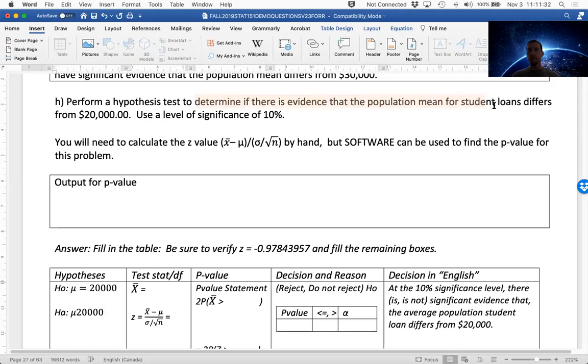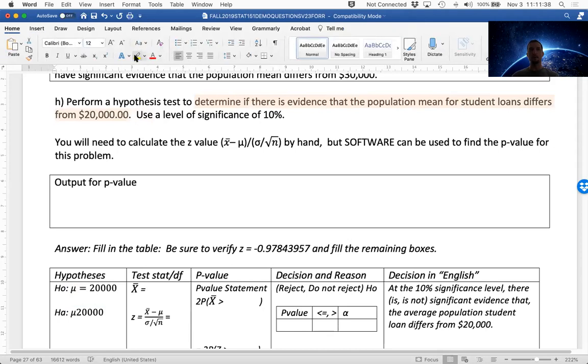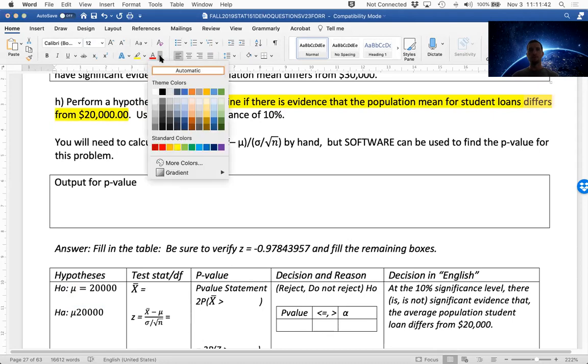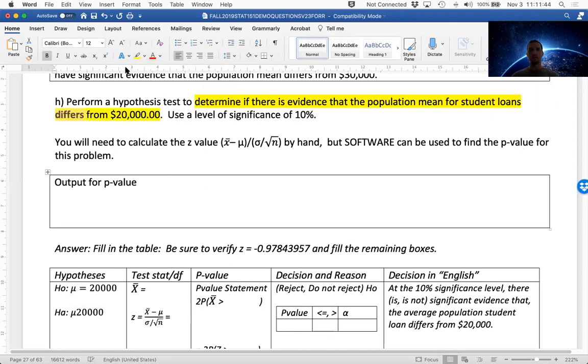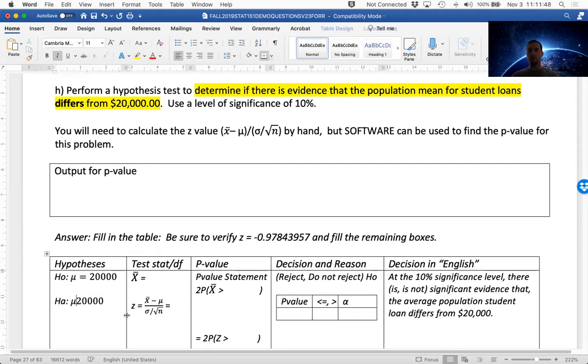The reason that we have not equal to is because in question H, the language says determine if there is evidence that the mean student loan differs from 20,000. If we highlight this passage and boldface this word differs, this is the language that we need to look out for when structuring our alternative.